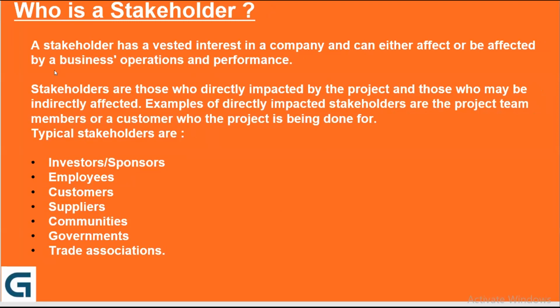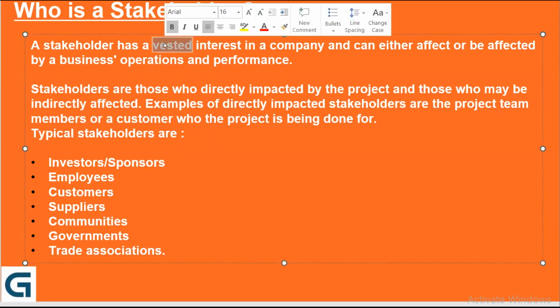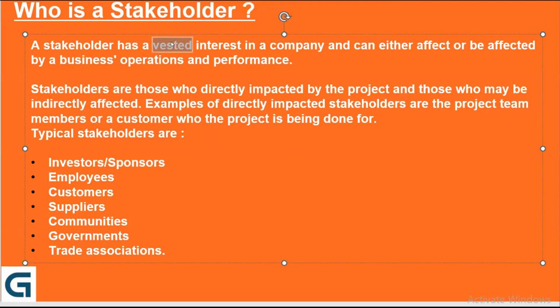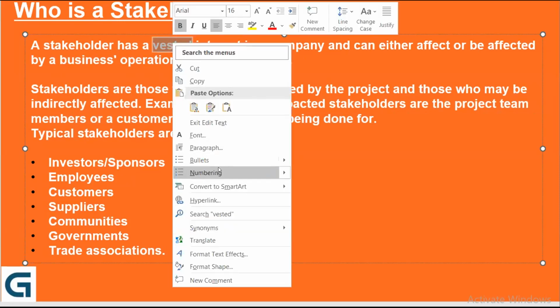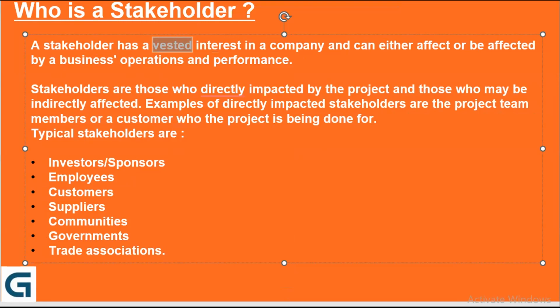I want someone to read the first paragraph for me, please. A stakeholder has an interest in the company and can either affect or be affected by business operations and performance. Stakeholders are those who are directly impacted by the project and those who may be indirectly affected.